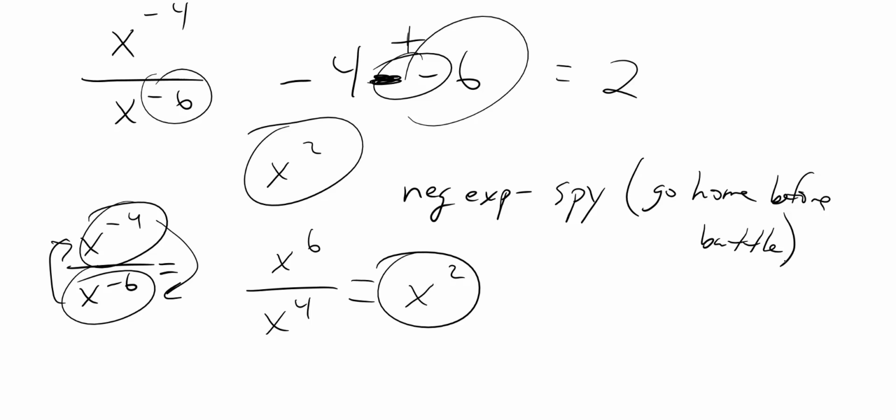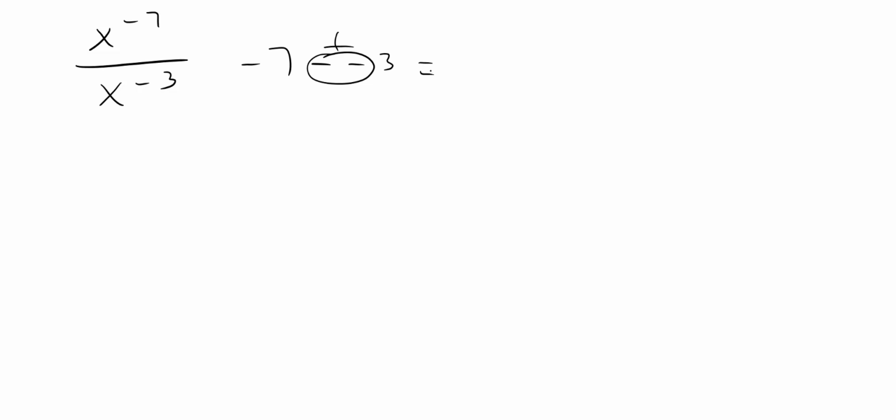Let's do a couple more. If I did x to the negative 7th over x to the negative 3, you could do it mathematically. It's a little more work because you're saying negative 7 minus a negative 3, and that means plus. Negative 7 plus 3 is negative 4, so that would be x to the negative 4, or 1 over x to the 4th.